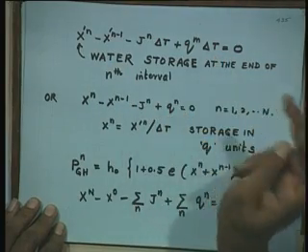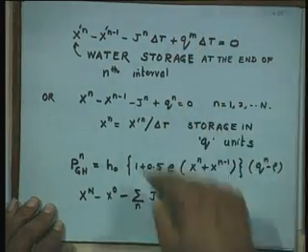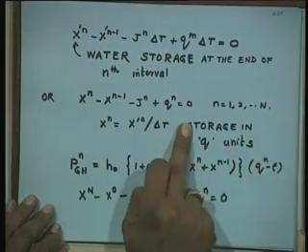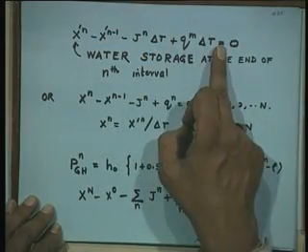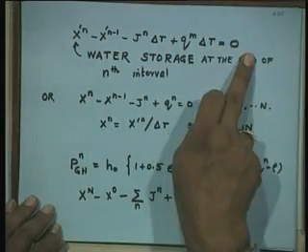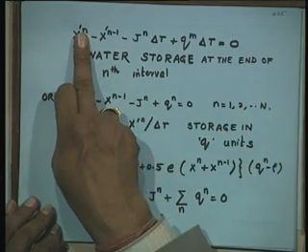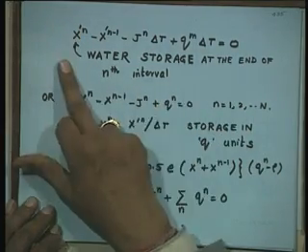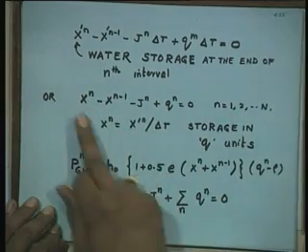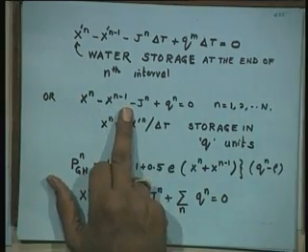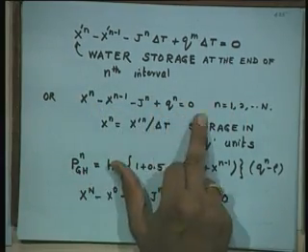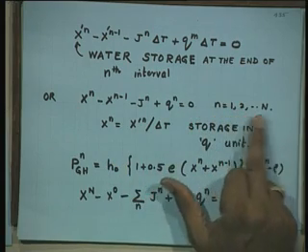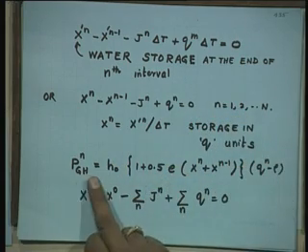Now, if you convert the units of storage into discharge units, then you get rid of this delta T, because if you divide by delta T, x meter cube becomes meter cube per second, cum x. So, they all become in the same units, and hence I have written this x n minus 1 minus j n plus q n is equal to 0, n is equal to 1 to n, and PGHN.